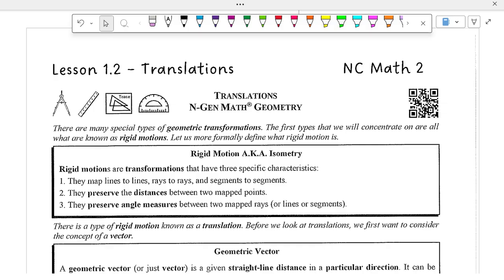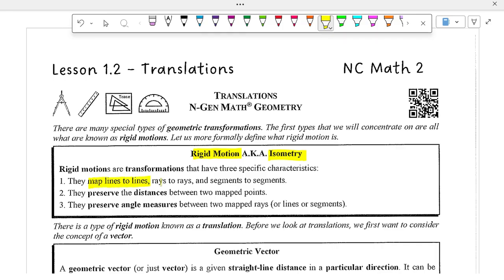All right. So, just some vocabulary. So just to recap, rigid motion, this is also called isometry. So if you see the word isometry, just know it's the same thing as rigid motion. All right, they're synonyms. So rigid motions are transformations with 3 specific characteristics.